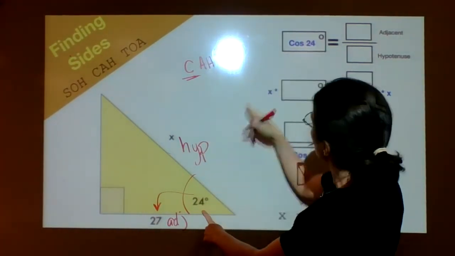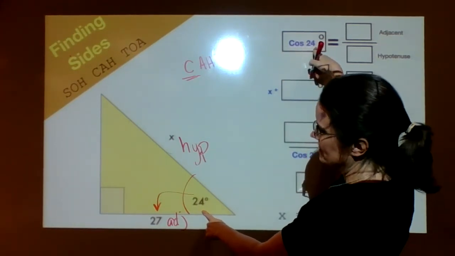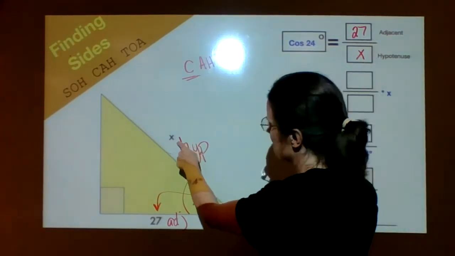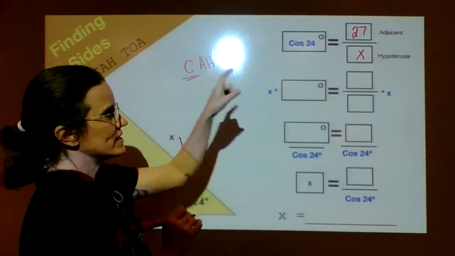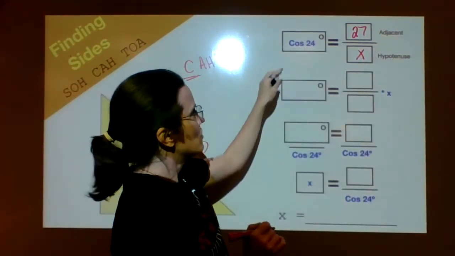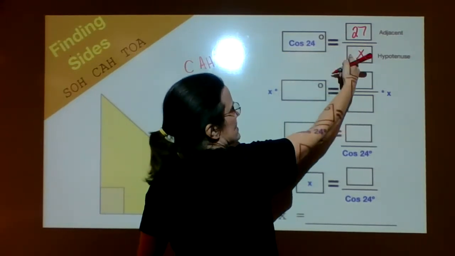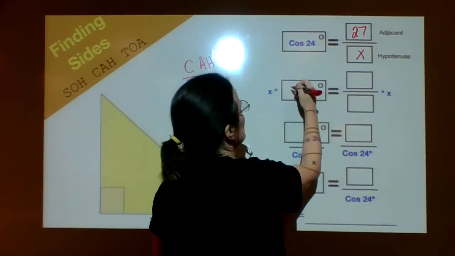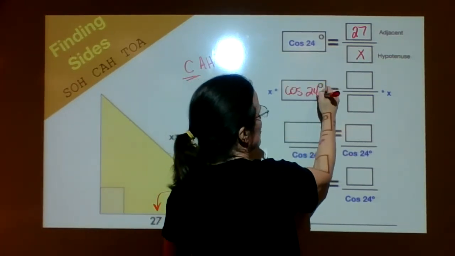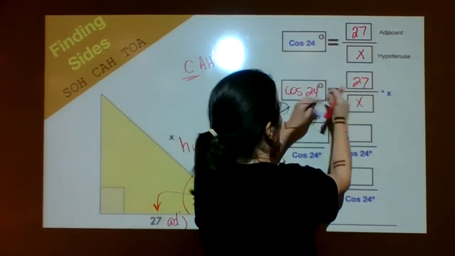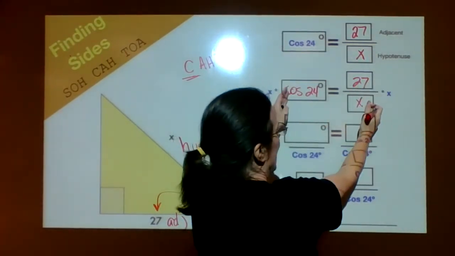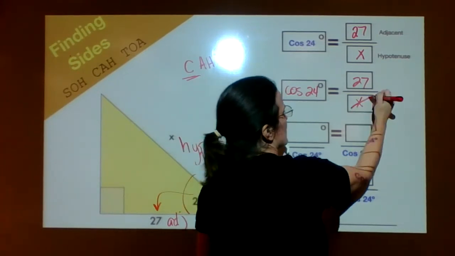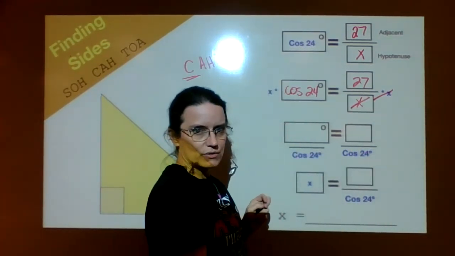So my cosine of 24 is going to equal my adjacent side over my hypotenuse. So I set up my relationship, and I want to get the X off the bottom of the fraction first. So I'm going to take the relationship that I already had and multiply by that X on both sides so that those guys can cancel out.